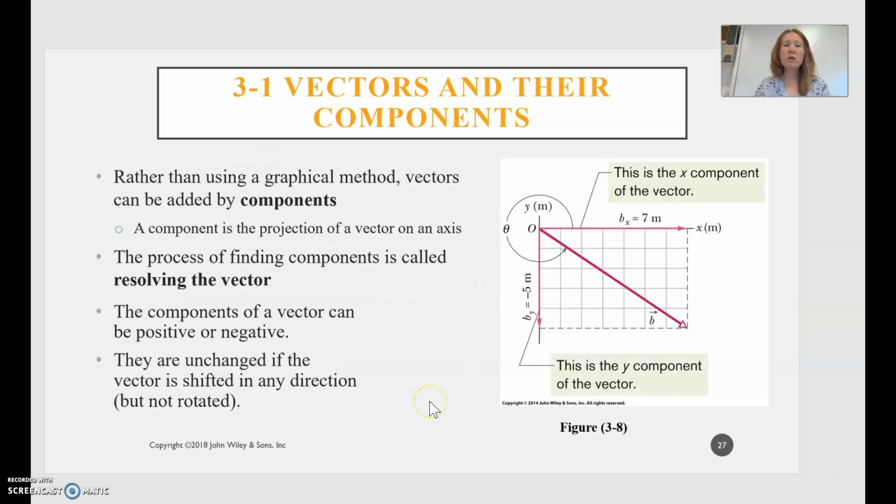Then we get into something we call resolving vectors, which is really just breaking down the vector. How much of this vector is on the x-axis? How much of this vector is on the y-axis?